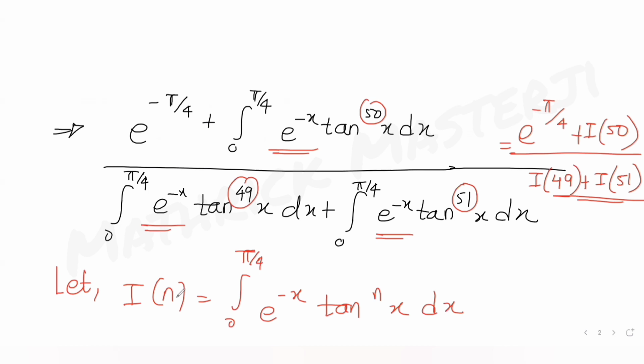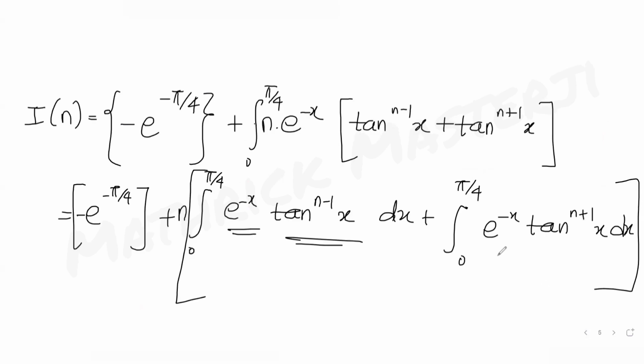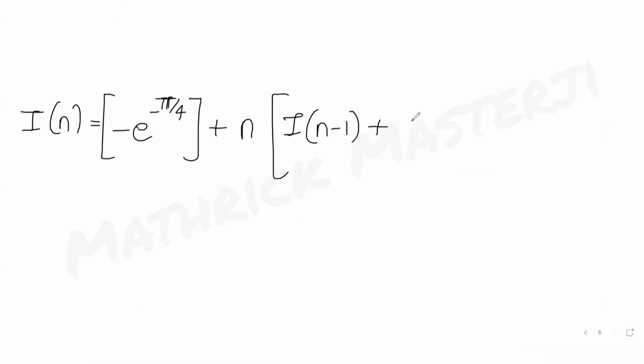I already know I of n was 0 to pi by 4 e raised to minus x, only difference was it was tan x raised to n. Here instead of tan x raised to n, we have n minus 1. So I can write that as I of n minus 1 plus, here also if you see, you have same limits, you have e raised to minus x. The only difference is the power of tan x, that is n plus 1. So you write that as I of n plus 1.